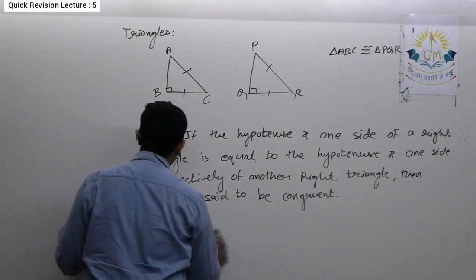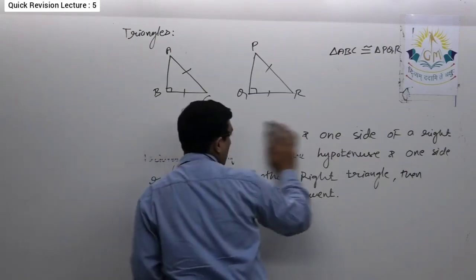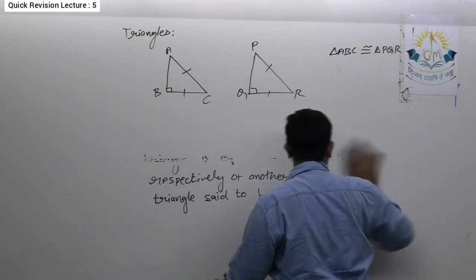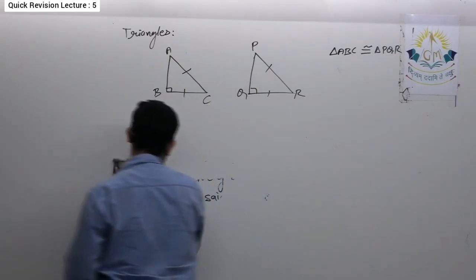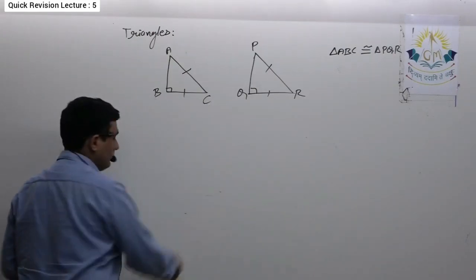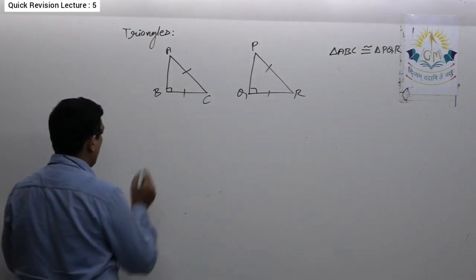The first one is, when triangles are congruent, then their corresponding parts are also congruent.